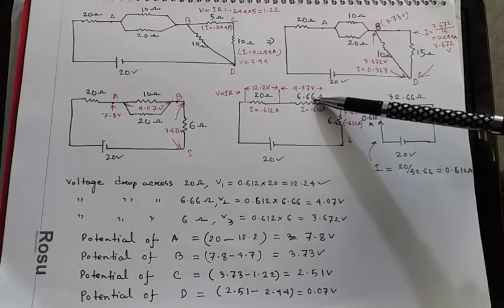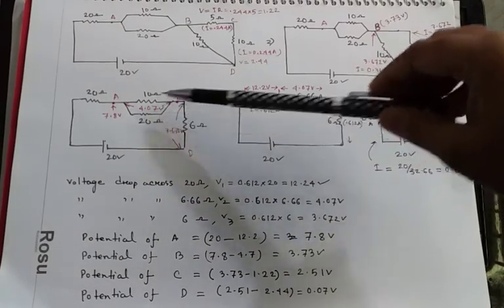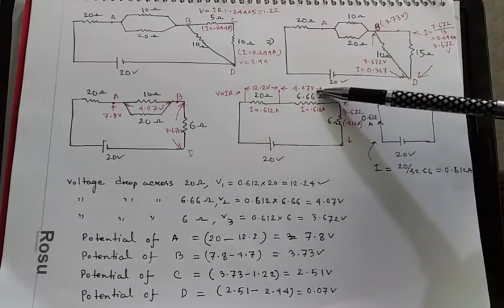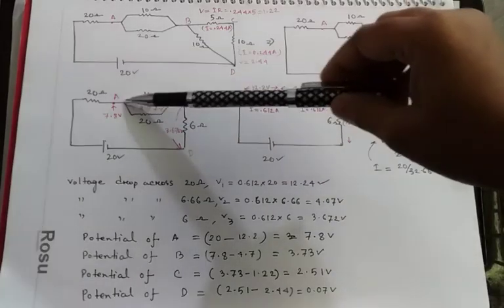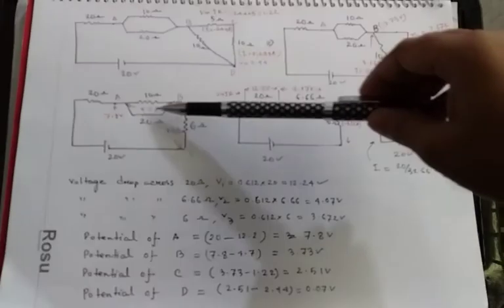As this is the equivalent of two parallel resistors, the voltage drop will be the same for both resistors. Here we have calculated the voltage drop is 4.07 volt for these two resistors.